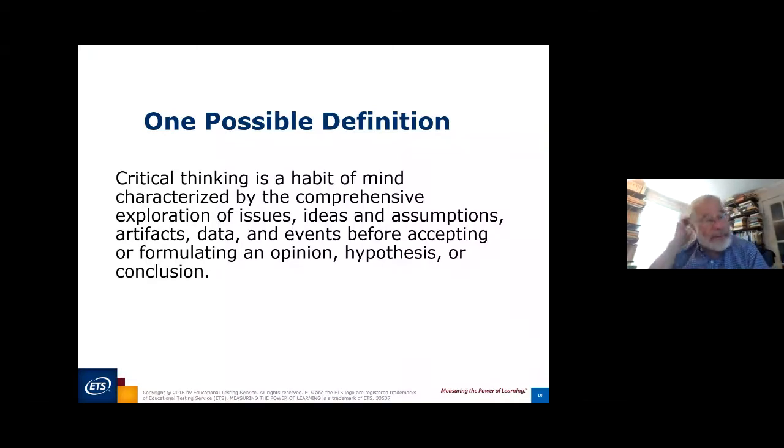And we came up with this as a definition. It's a habit of mind characterized by the comprehensive exploration of issues, ideas and assumptions, artifacts, data, and events, all before accepting or formulating an opinion or a hypothesis or a conclusion. So that's what we use for our construct definition. That isn't to say this is the only one, but it's what we decided.